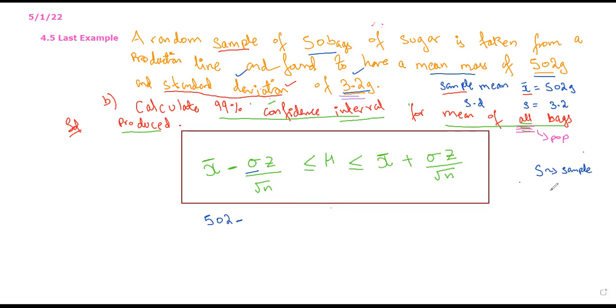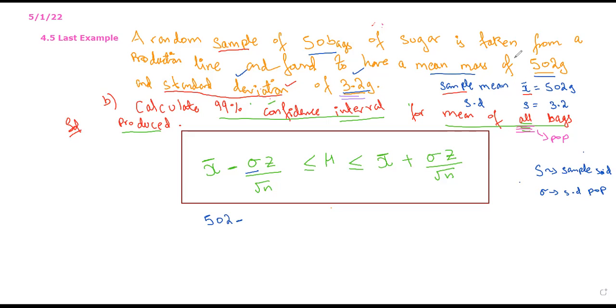So sigma is the standard deviation of the population. This is what I just explained with the table I made before this part. Are you clear with this? Tell me honestly. Okay, perfect.